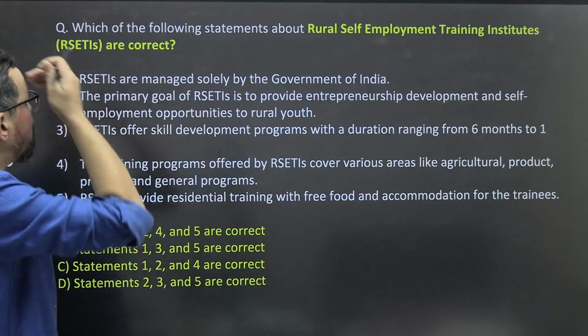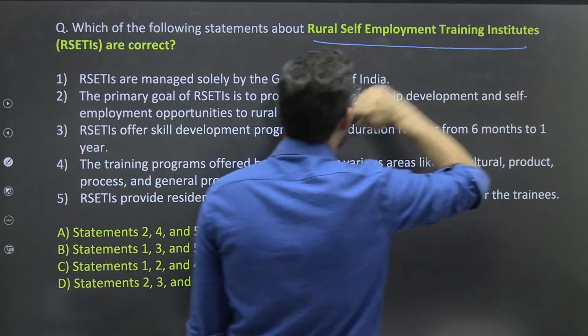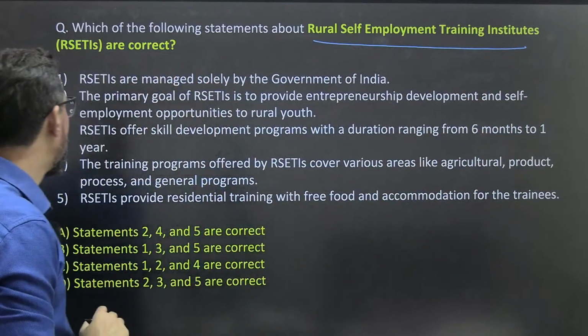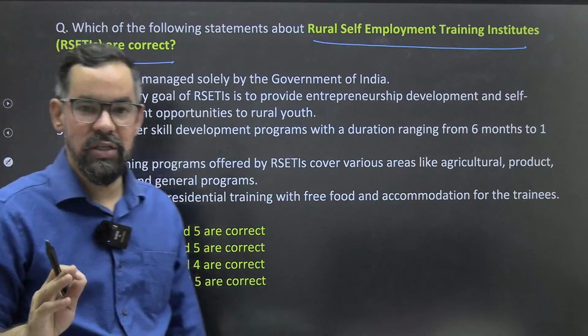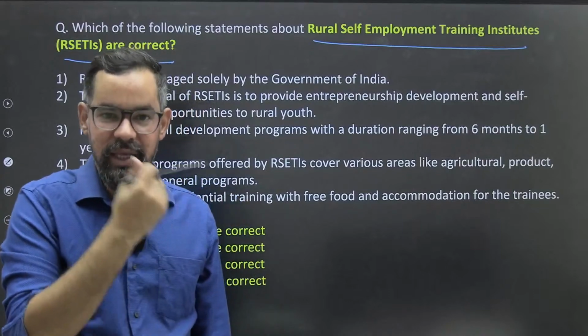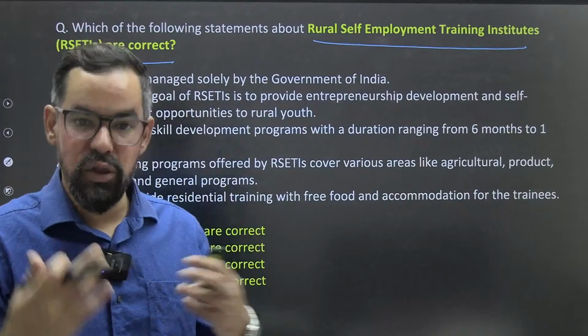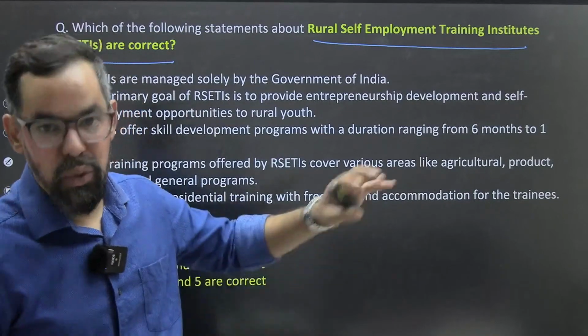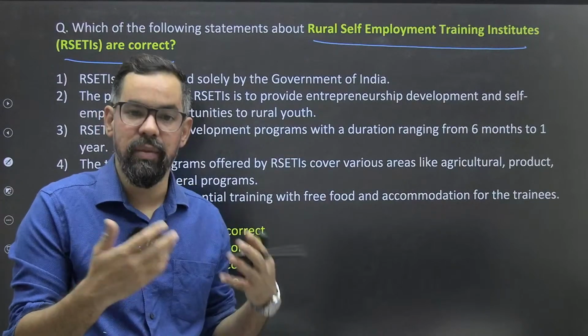Next one. Which of the following statements about the Rural Self-Employment Training Institute are correct? So, Rural Self-Employment Training Institute. I hope you guys also participate in this one, where you provide education to people in rural areas, especially those who are part of RRBs or if you have a rural branch.